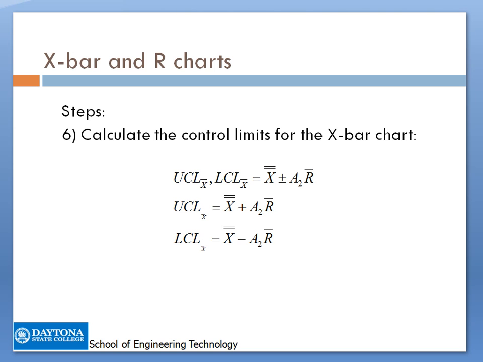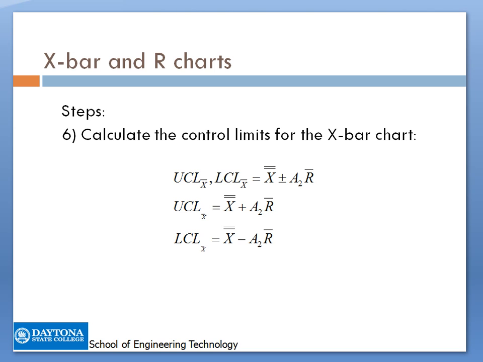The A sub 2 is a value that you're going to obtain from a table, and this table is located in your appendix, page number 514. The way that you're going to read this value is using the number of observations in a sample. So if you have, for instance, 4 observations in one subgroup, then you're going to use that number 4 and move to that column where you're going to find the A sub 2 and obtain that value. So that's for the upper control limit.